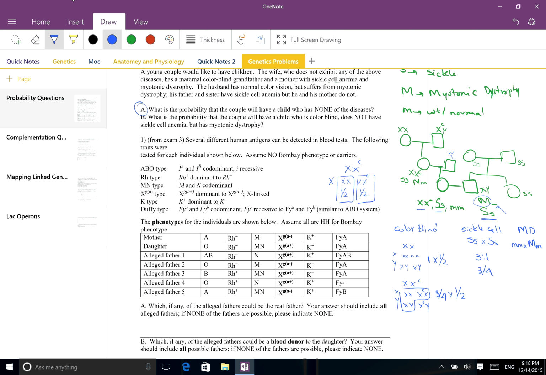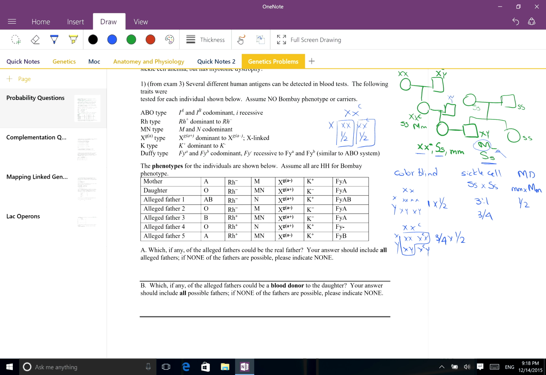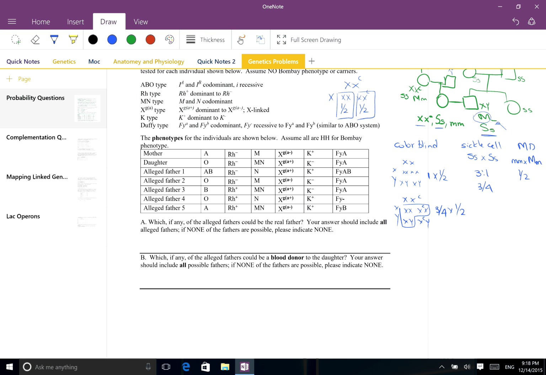But if the father is heterozygote, then the probability is 1/2. Perfect.